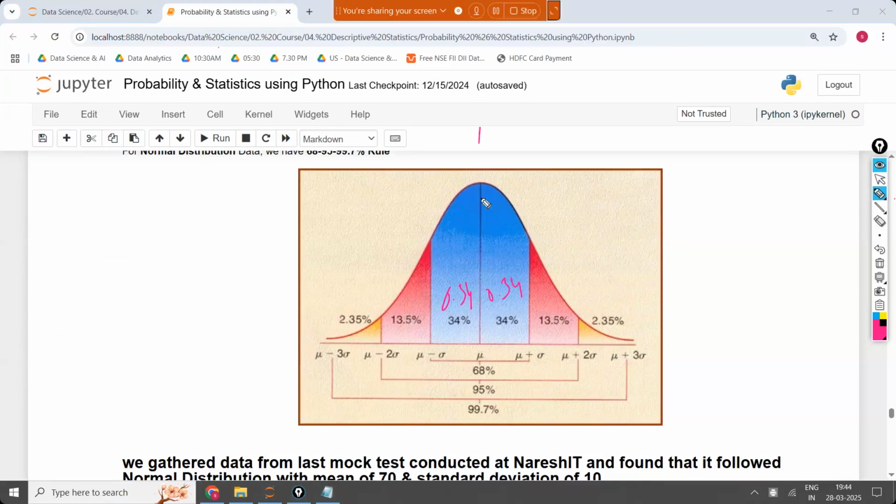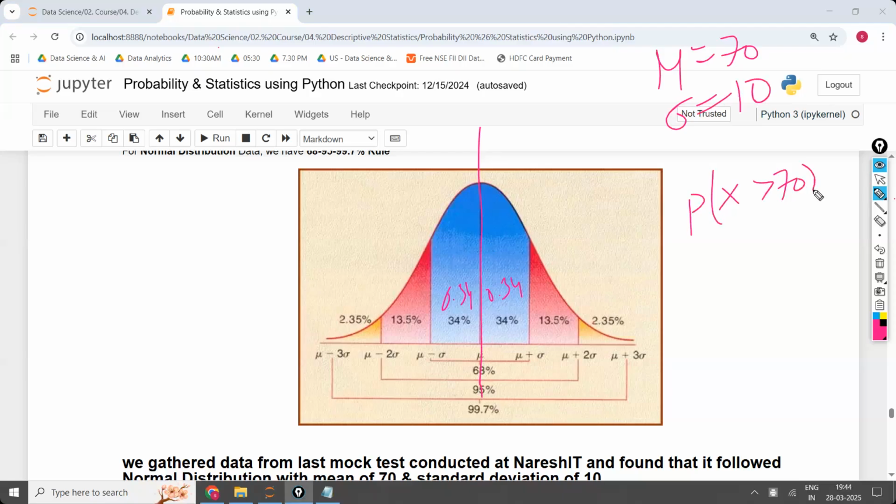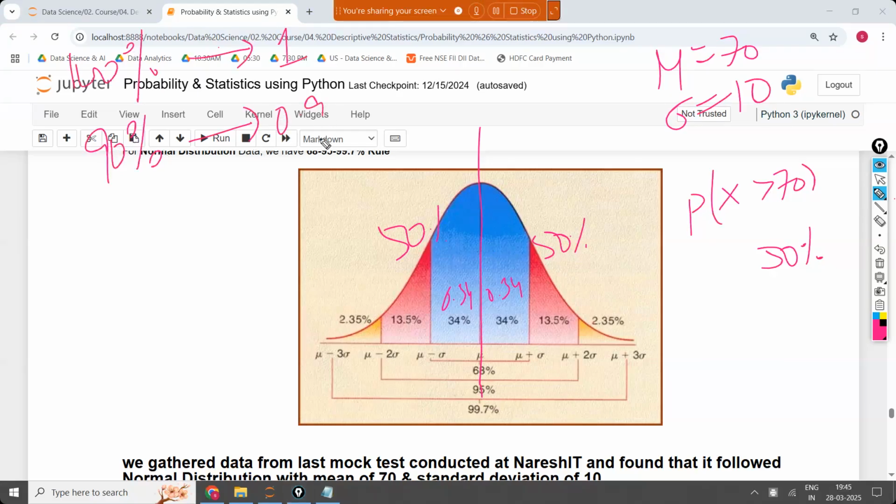For example, the mean value is 70, standard deviation is 10. What is the probability of x greater than 70? It is 50%, so the right side is 50% and the left side is 50%. It is fixed. Total area is 100%, value wise it is called 1. 90% value wise is 0.9; this is value wise, and this is percentage wise.